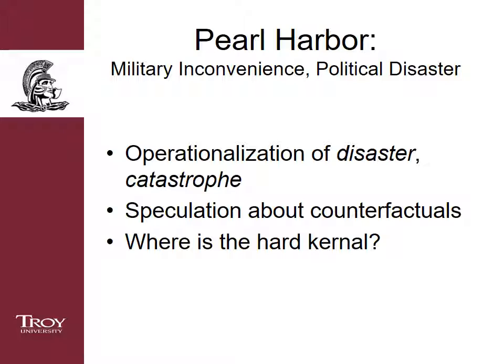And in fact, U.S. war plans, U.S. planners had no anticipation of doing this. And so he brings up all the reasons that really, at the end of the day, it really wasn't a big impairment for the U.S. war effort.